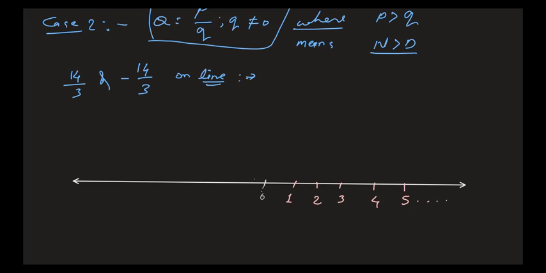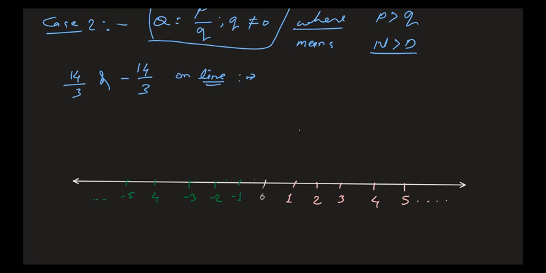This way we list all positive numbers on the right hand side of 0. Now on the left hand side of 0, all negative numbers. So here minus 1, minus 2, minus 3, minus 4, minus 5. This way we list all negative numbers.